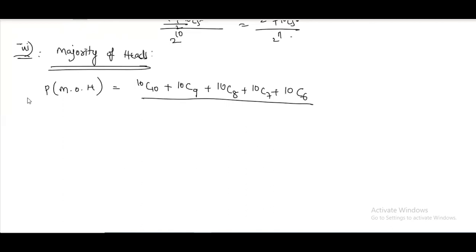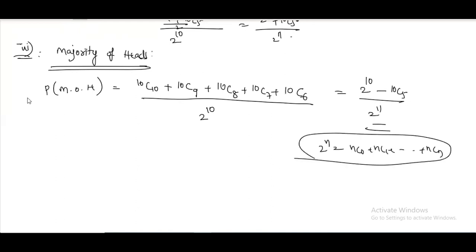They are telling majority of heads. So divided by 2 power 10. This can be written as 2 power 10 minus 10C5 by 2 power 11, as per the formula 2 power n is equal to NC0 plus NC1 and so on plus NCN.